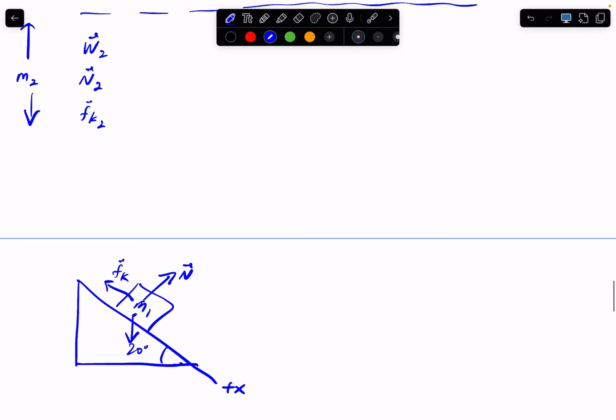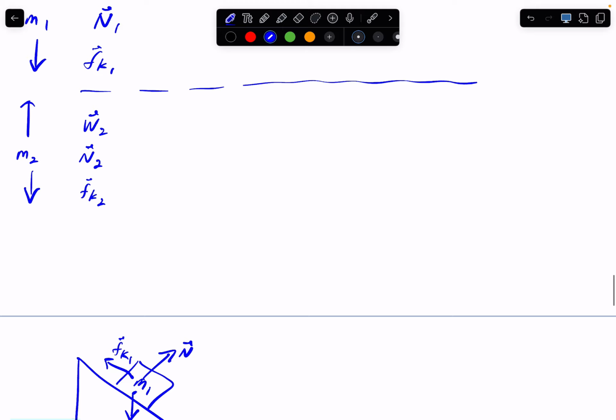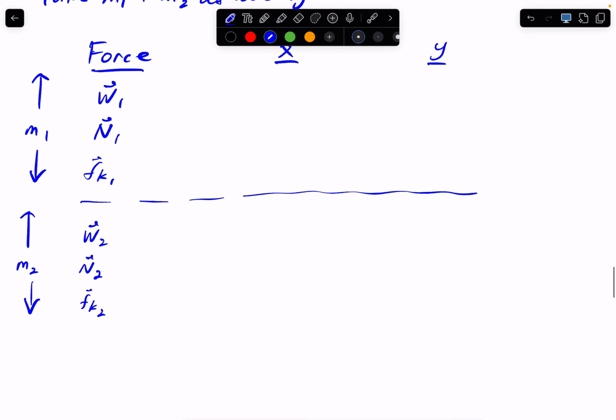So let's do the easy ones first. For the friction and the normal force, the friction just goes along the ramp, right? So that's in the x direction. So that's just minus mu k times m1, right? And 0. See how it's coming back to the block on the ramp stuff? For normal force, that's 0 in the x direction, and perpendicular to the ramp, that's just N1, right?